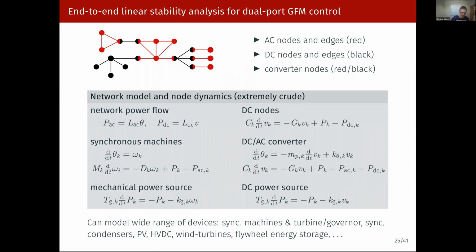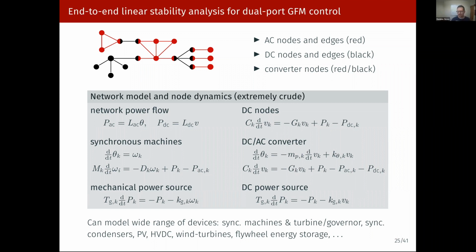What this will boil down to, if you want to translate this deterministic result into a stochastic setting, is that at any point in time, there need to be enough power sources that have flexibility and respond to power imbalances as captured by frequency or DC voltage imbalances. And then this is going to work.